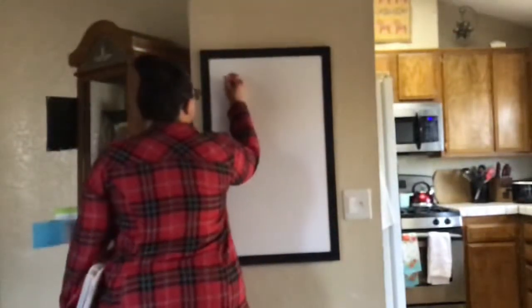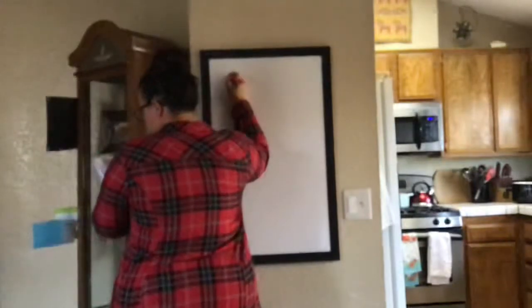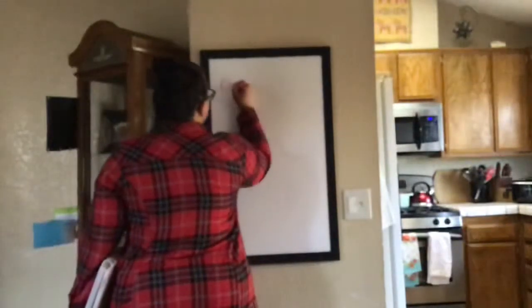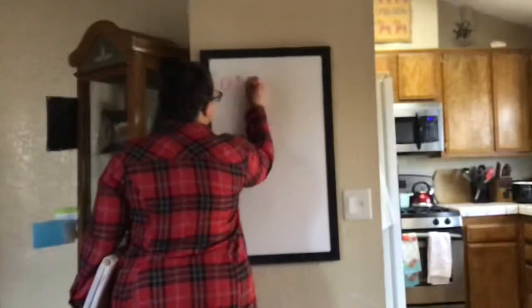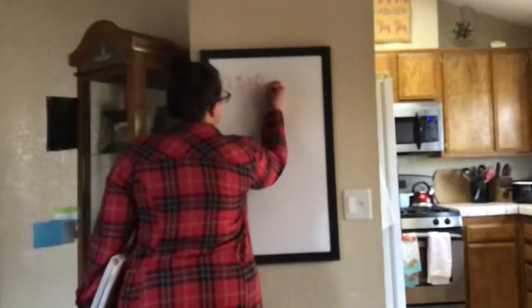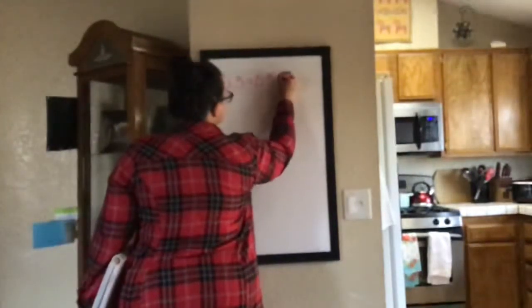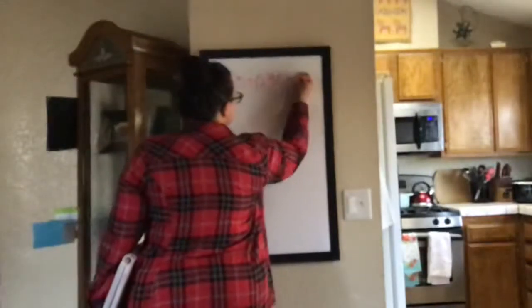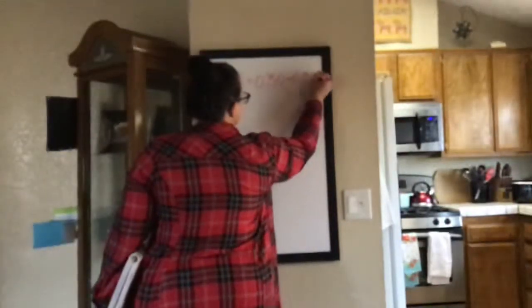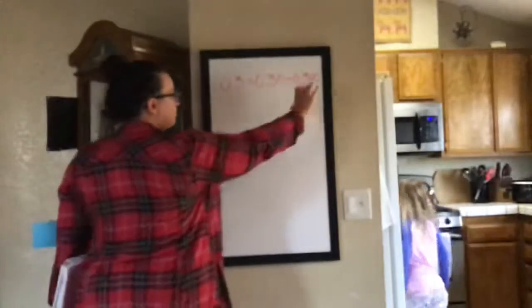So let's just say I did 0.3. That's the same thing as 0.30 if I added a 0, right? I can keep adding zeros to the end and they're the same.